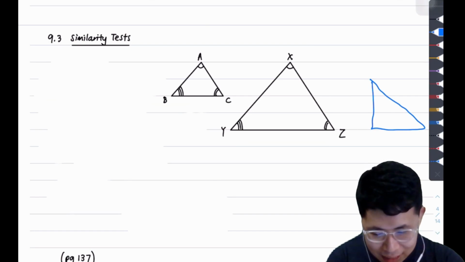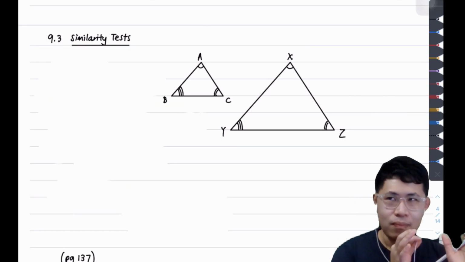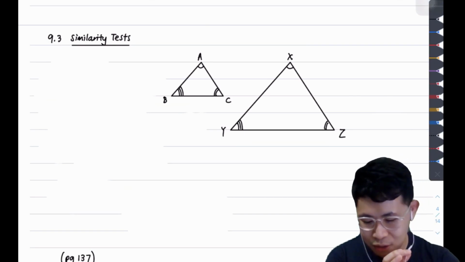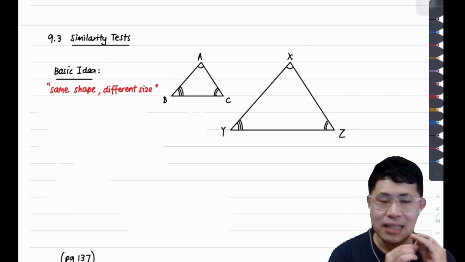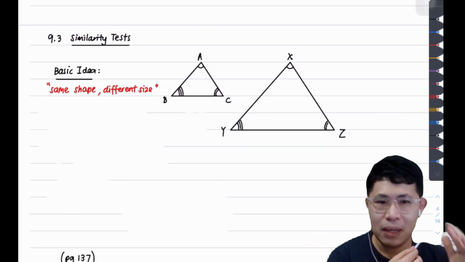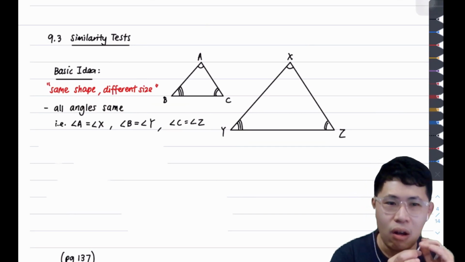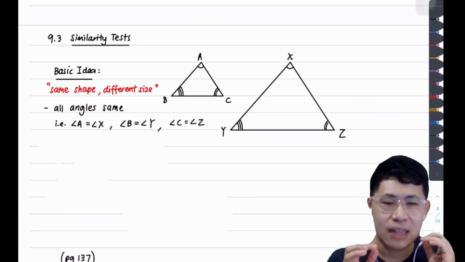The criteria for two figures to be similar is that they have the same shape but different size. What we mean by same shape is that they have the same angles, so all the internal angles are the same.